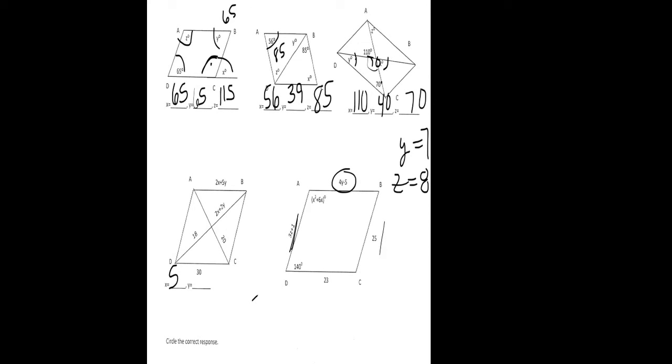And the last one, if this is a parallelogram, then you know this angle here and that angle there are supplementary. So x squared plus 6x plus 140 should equal 180.